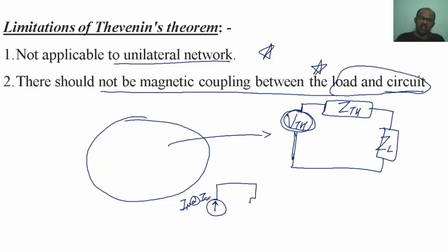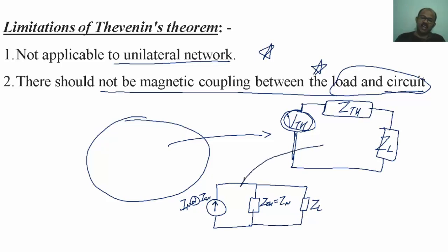In parallel to that, you are going to calculate the Thevenins impedance or Norton's impedance. So ZTH equals to Zn. So procedure remains the same. And in parallel to that, you are going to connect a load impedance, that is Zn. So I can tell Thevenins theorems and Norton theorems are dual to each other. So in this video, I have discussed 3 cases of Thevenins theorems and I have solved the problems based on this. In the next video, let us talk about Norton theorems.